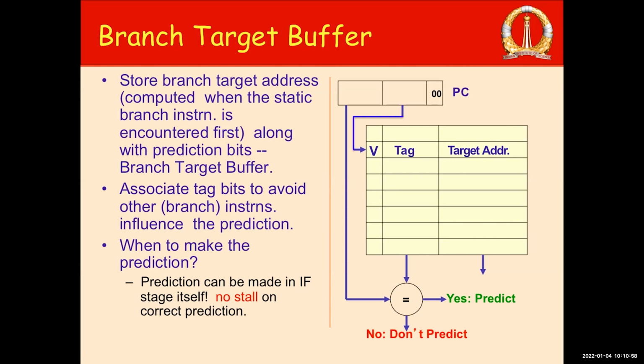Using this and the 2-bit predictors, branch predictors typically predict branches during the instruction fetch phase, so that in the next cycle they can fetch the instruction either from the target location or from the subsequent locations.